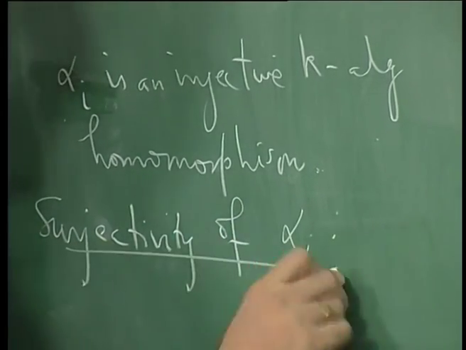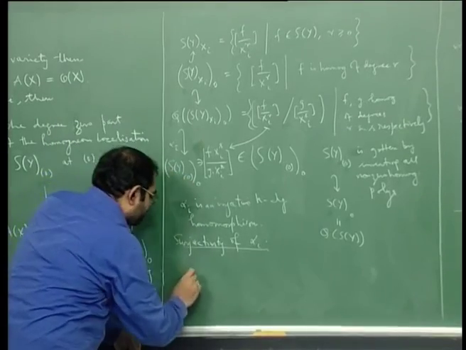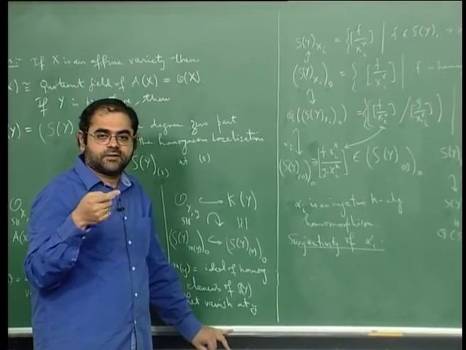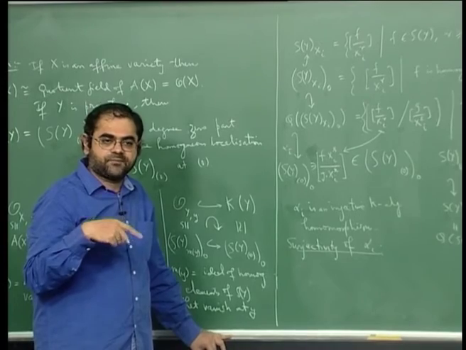Well, take an element here. How does an element here look like? It will look like a quotient of two homogeneous polynomials of the same degree.